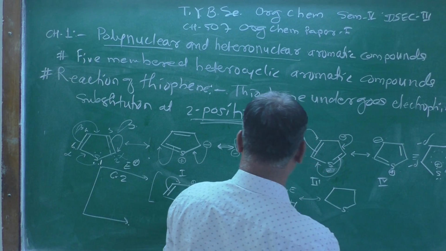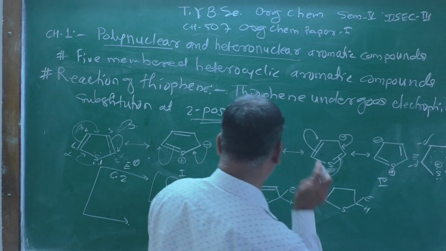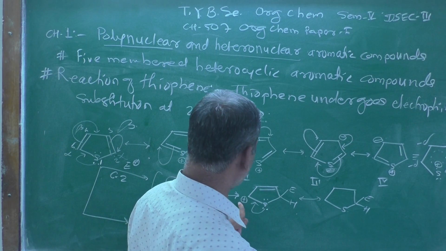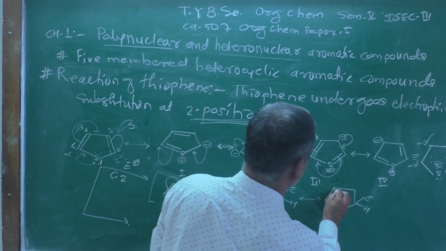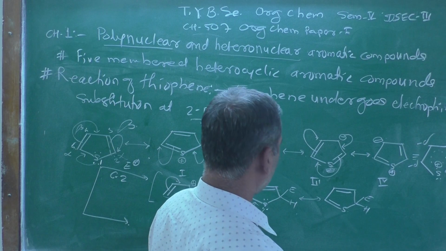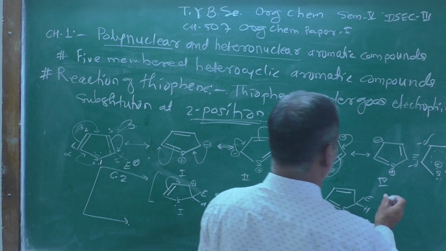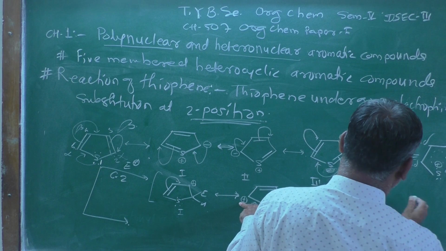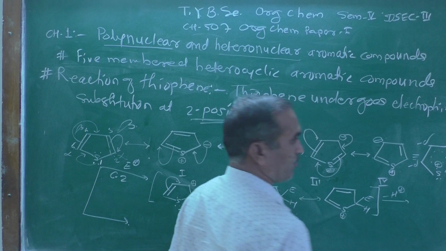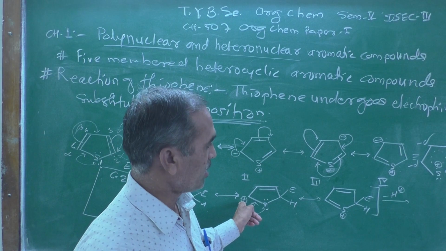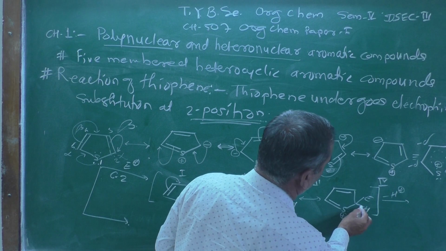This is a 5-membered ring. Here the electrophile and the hydrogen atom we are representing like this. Here is a double bond. Now the positive charge is present on it. There is a loss of a proton, and after losing that proton, aromatization is back.